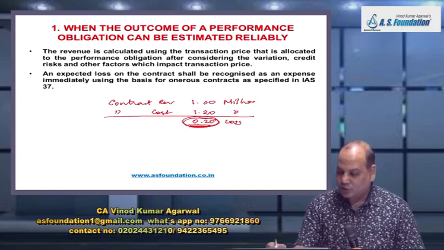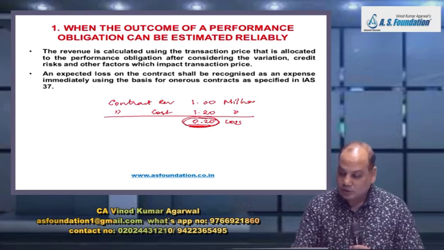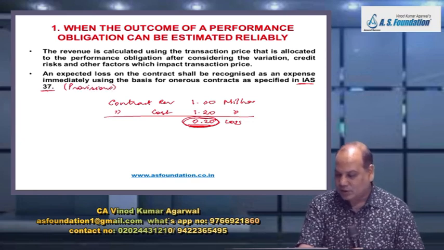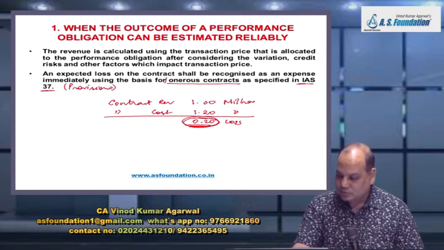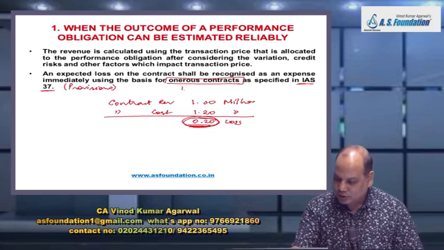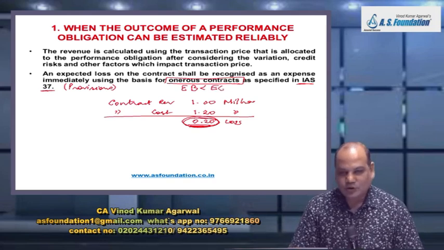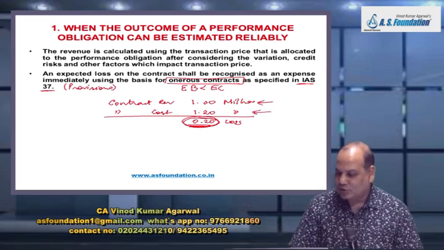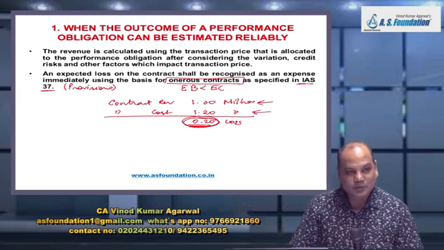And that is not because of this standard. That is because of another standard. IAS 37 provisions, contingent liabilities and contingent asset, where they say if a contract is an onerous contract means economic benefit is less than economic cost. In this example, economic benefit is 1, economic cost is 1.2, contract has become onerous.